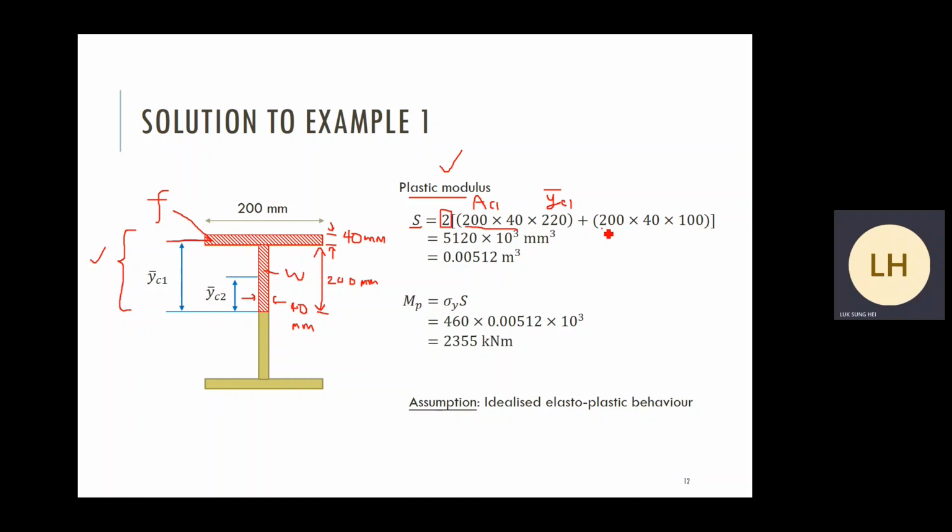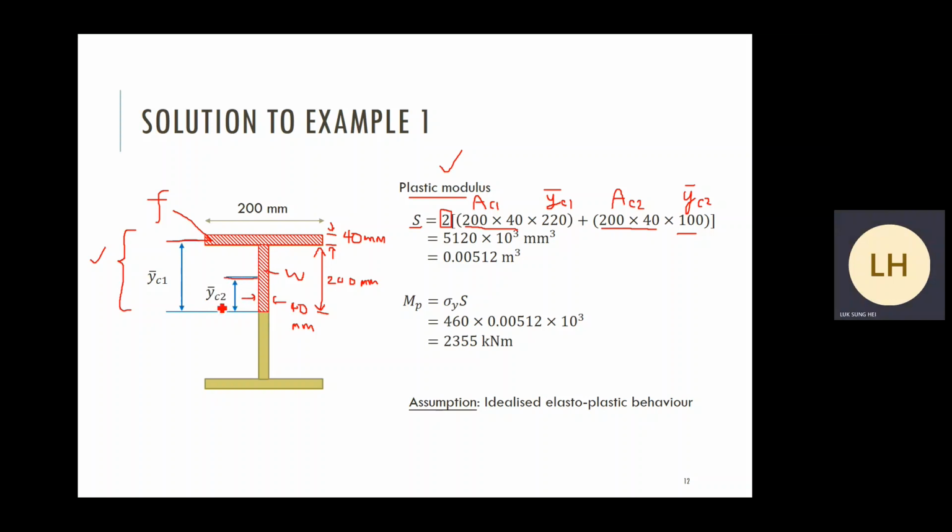And then consider the second element, the red region. Area AC2. The height of this vertical web is 200 times the thickness 40, give you back the area, times the moment arm y bar C2. Moment arm is measured at the bending axis, neutral axis, up to the middle of this vertical web region.